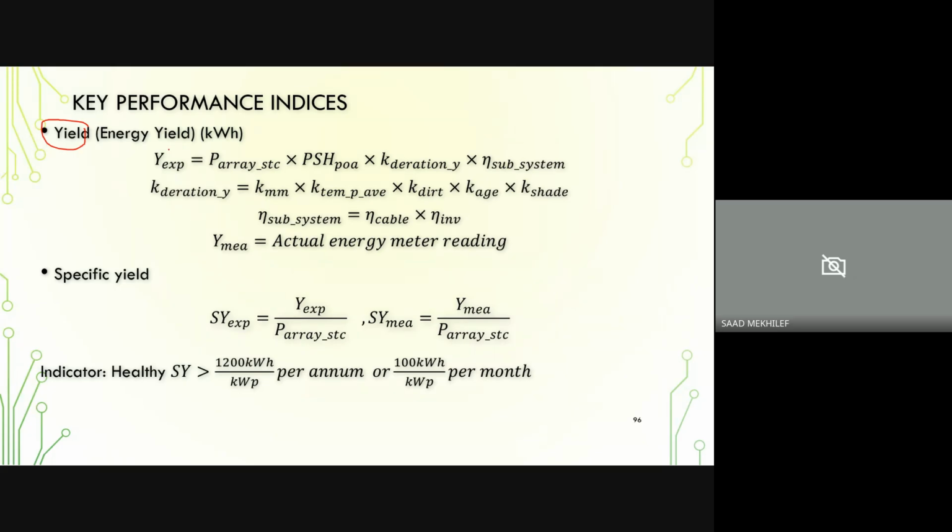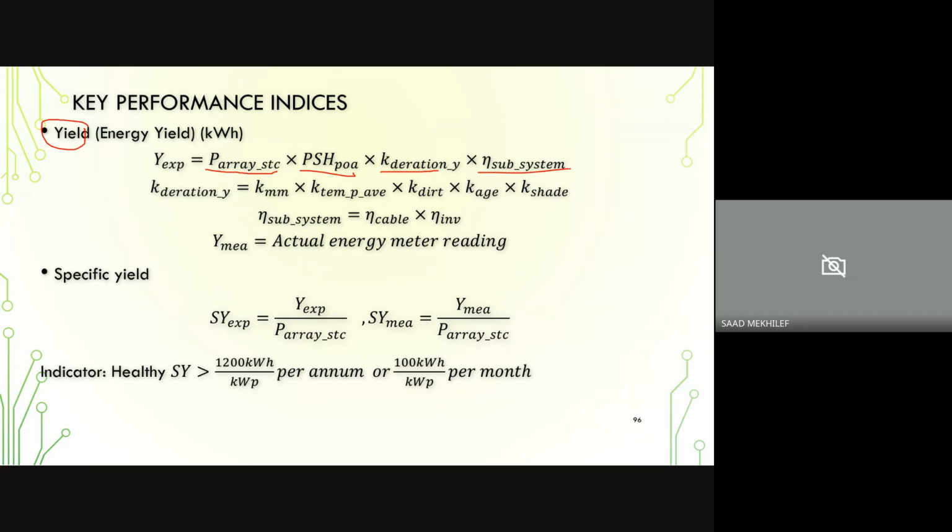The expected yield is usually equal to the power from the PV array at standard STC conditions, times the number of hours, times the derating factors, times the efficiency of the subsystem. So this is the yield.